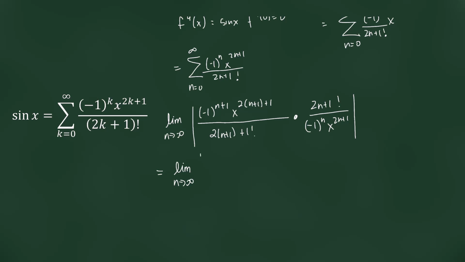Okay, the negative ones don't matter because of the absolute values, so we can ignore those. And when we multiply some things out here, we get x to the 2n plus 3 over x to the 2n plus 1. I'm moving my terms around just so I can see more easily how this is going to simplify. And then I have 2n plus 1 factorial over 2n plus 3 factorial.